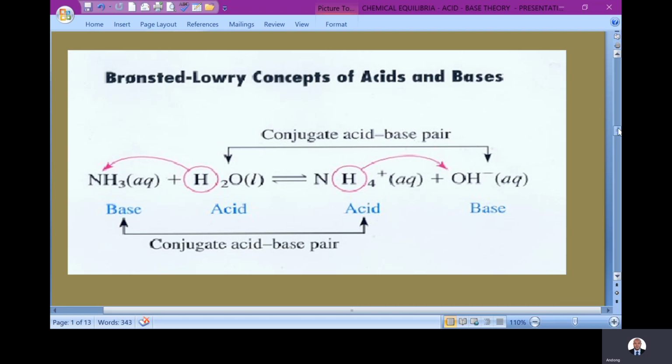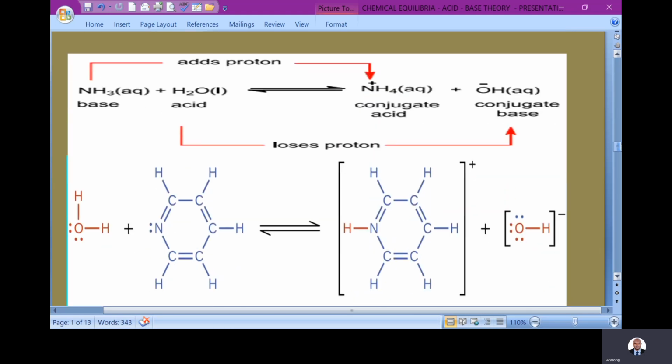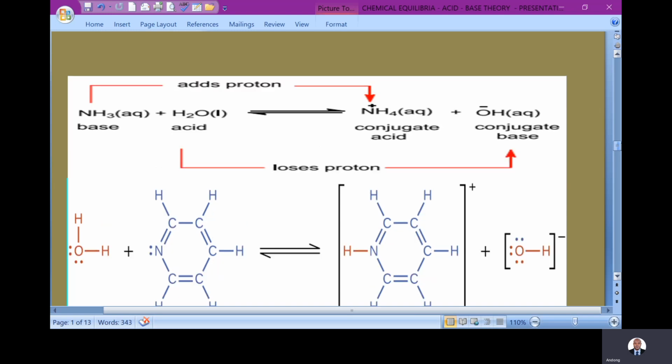By doing like that, we now know the conjugate acids and bases of the corresponding acids and bases. So you can do as many examples as you can, and you can determine the conjugate acid of a base. Once more, we said every acid has a conjugate base and every base has a conjugate acid. By removing a proton, we have a conjugate base, and by adding a proton, we have a conjugate acid.